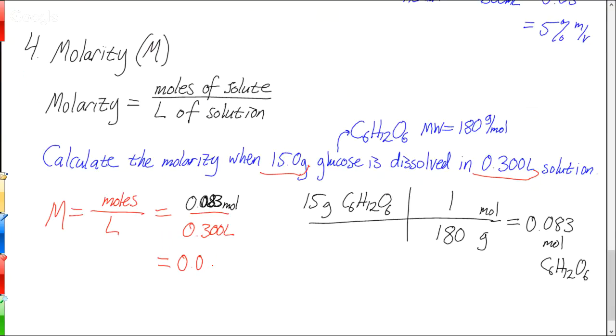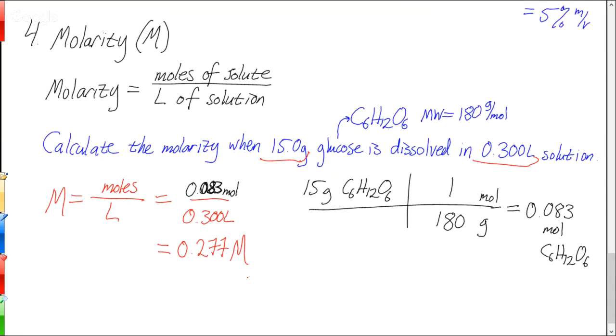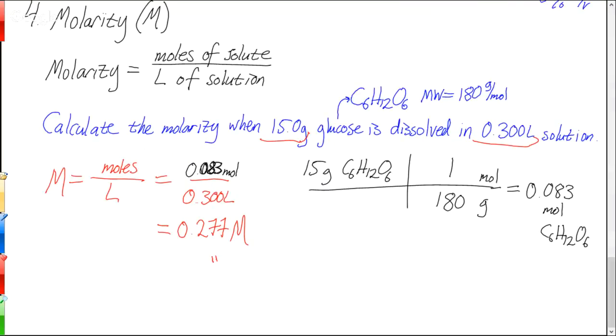Oops. 0.277 M. And the way we say that is molar. So it's not 0.277 moles. We didn't calculate moles. We took the moles, we figured out how much there was per a certain given amount of solution, and we now have a 0.277 molar glucose solution. That's how molarity works.